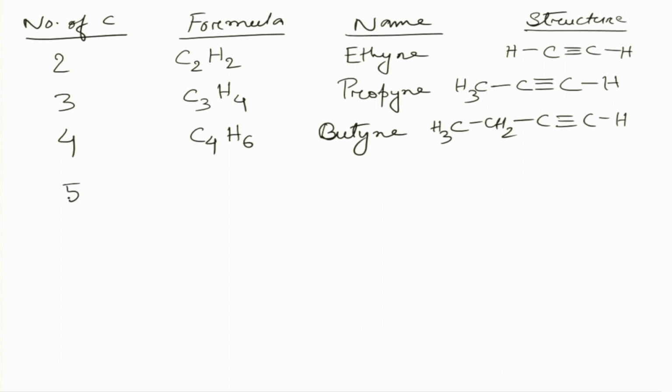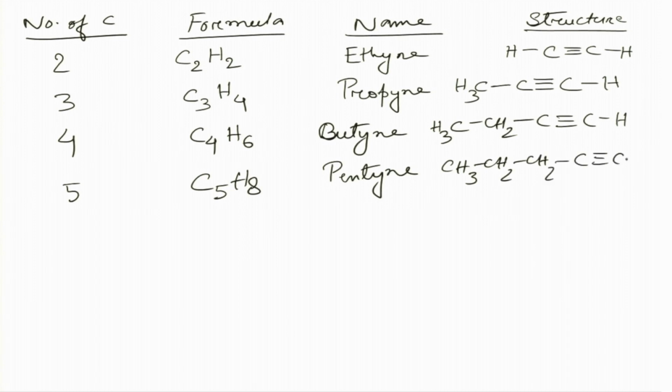If carbon is 5, we have C5H8, this is pentyne. As we increase the number of carbons, we get higher alkynes with these formulas.